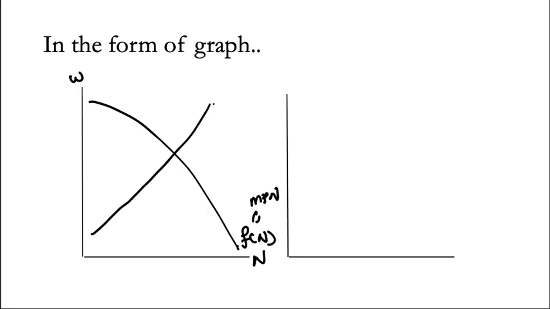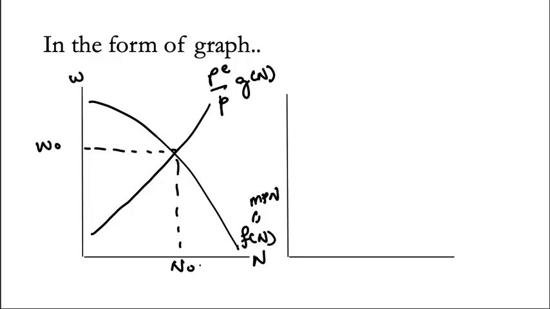And then this is labor supply, expected price over actual price, GN. Okay. Then we can have W naught and N naught. What about if we put it in the form of nominal?